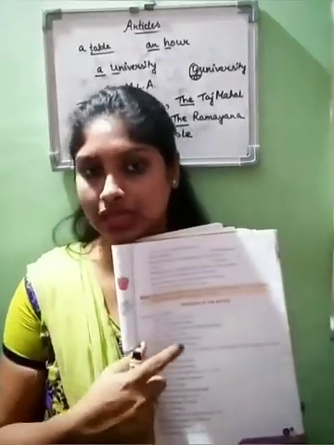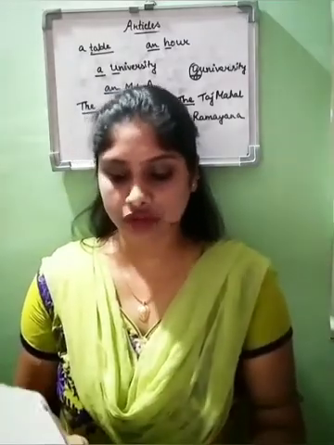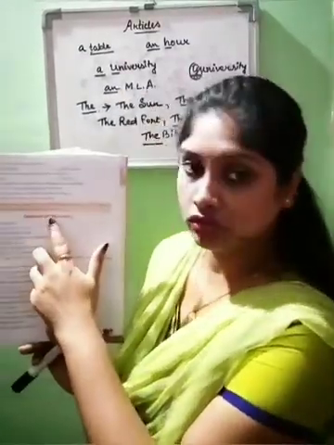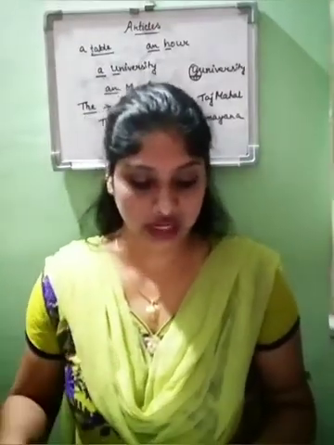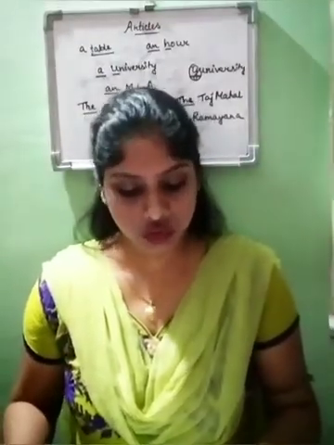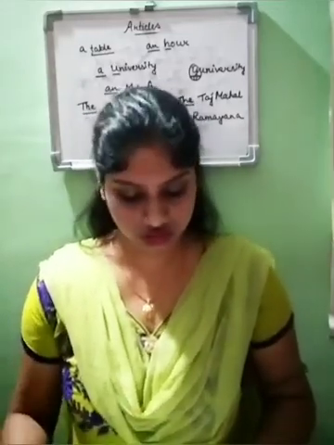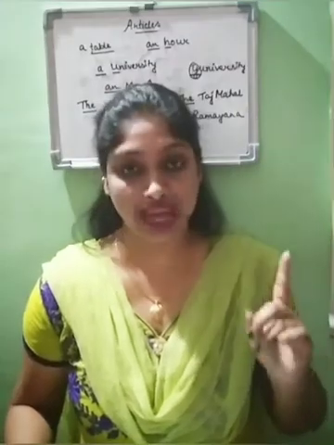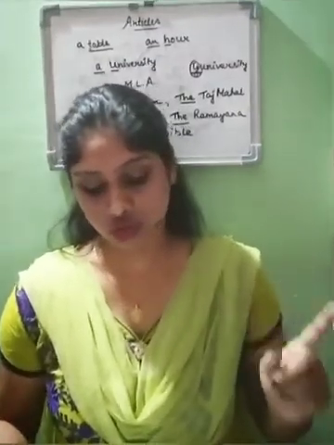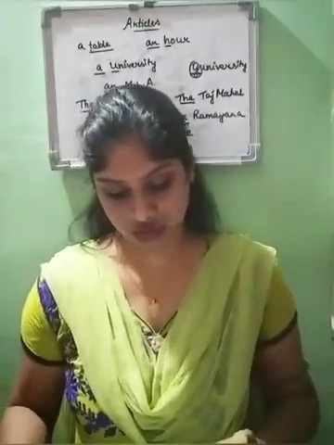If you can see in the last page of page number 65, there is this omission of the article. This part is very important, so you just mark it down. Before names of substances, while I'll be giving the notes, I'll give this also, so you just remember this. Before names of substances, before abstract nouns, before most proper nouns.